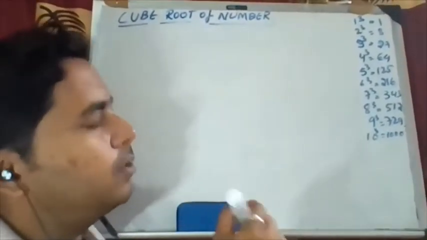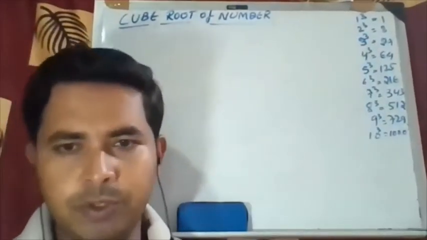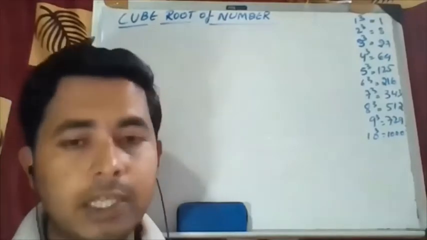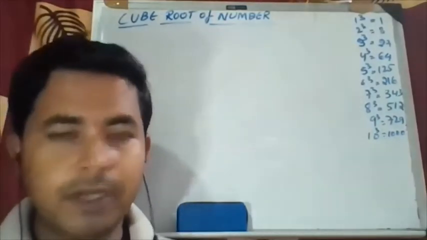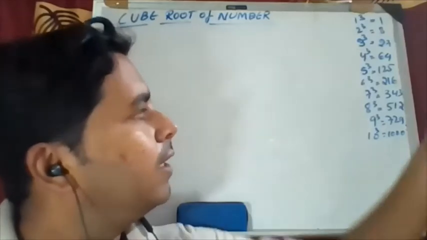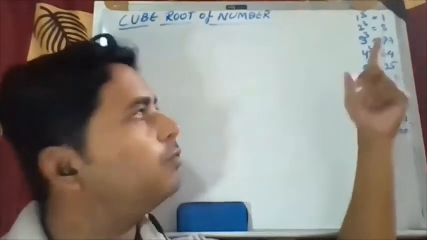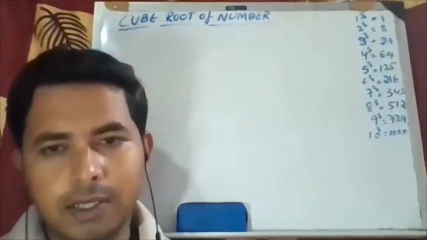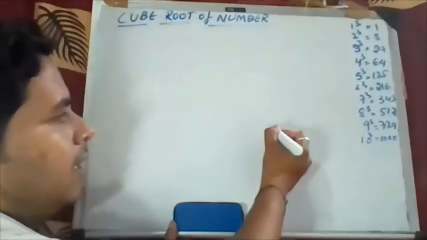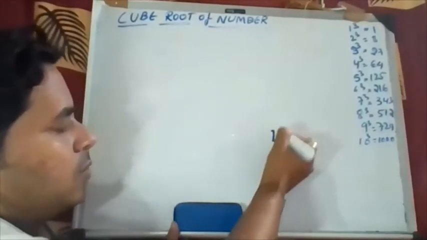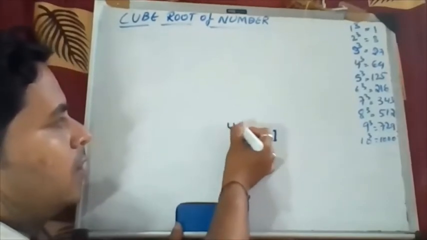If you observe the table of cube values from 1 to 10, we can find the unit digit like this: if any cube value has unit digit 1, the corresponding cube root also has unit digit 1.